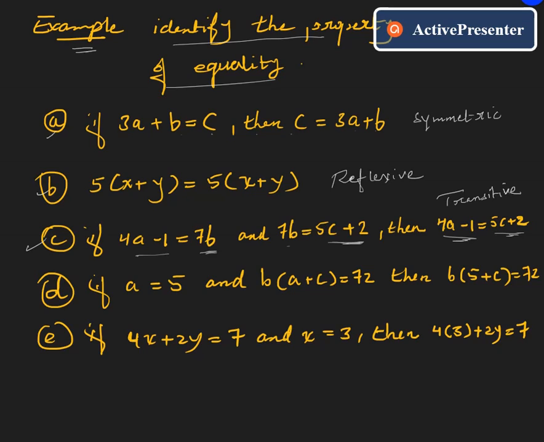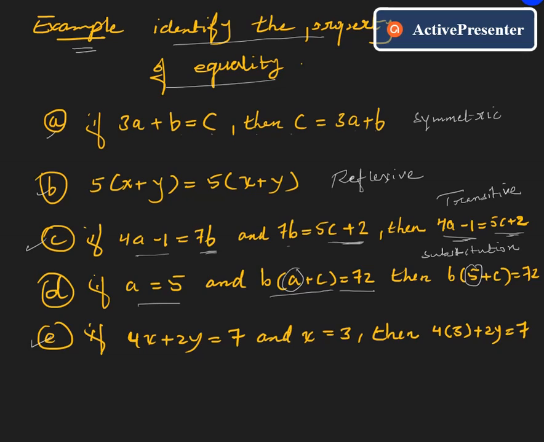The fourth question says, if a equals 5 and b multiplied in a plus c equals 72, then b multiplied in 5 plus c equals 72. What did we do? We replaced a by 5. So this is known as the substitution property of equality.